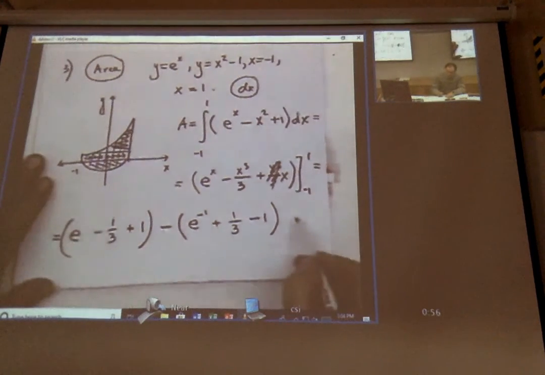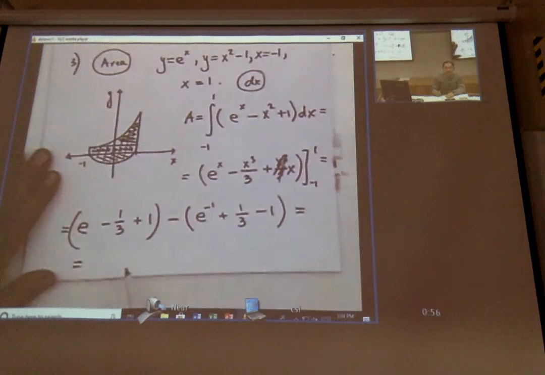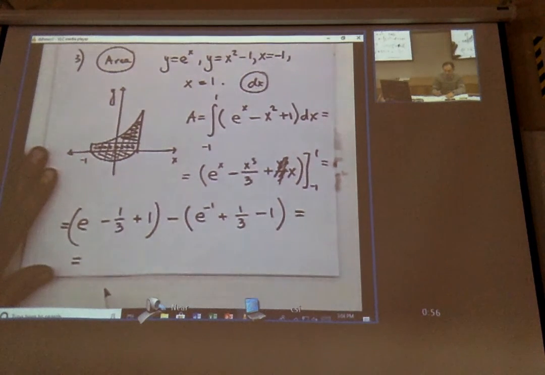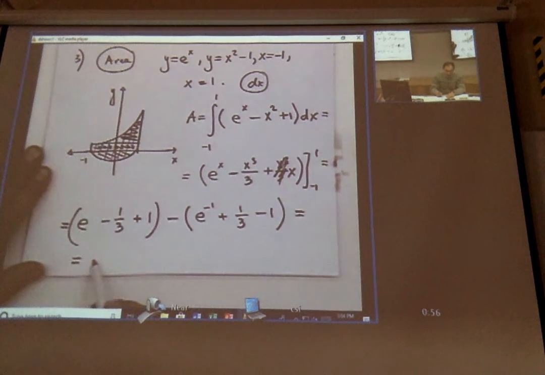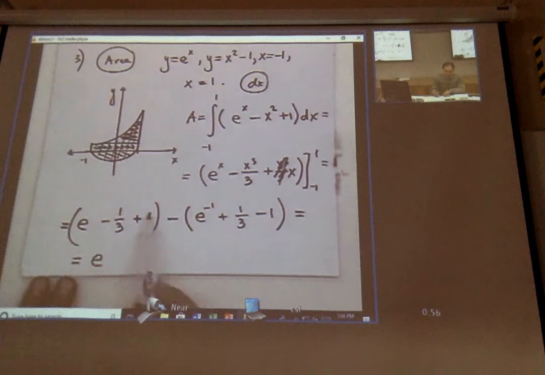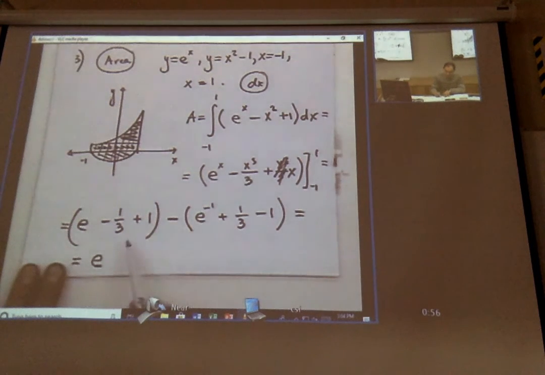So let's see what we have. Never mind. So I just substitute again. I don't know if you have any question, maybe you figure this out, but that's what we have. So we have e, then what do we get here? Minus plus 2/3 minus 1 over e, I'll put it this way.